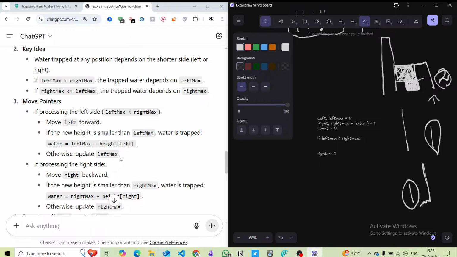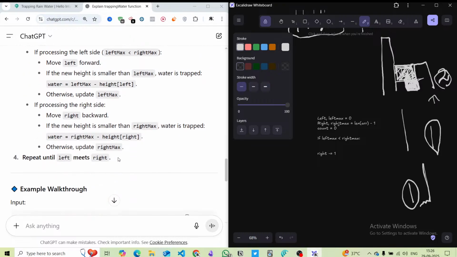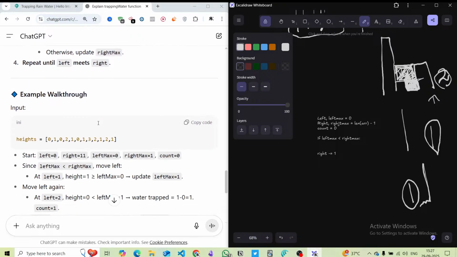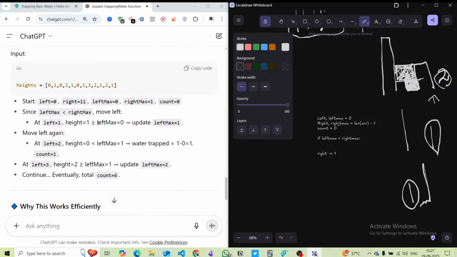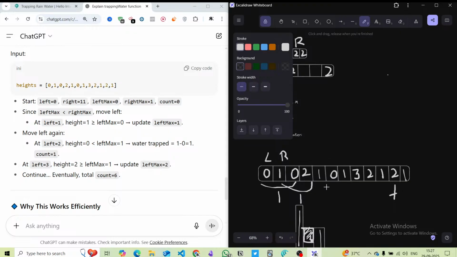Otherwise, update left max. If crossing the right side, for this they will just try to solve.